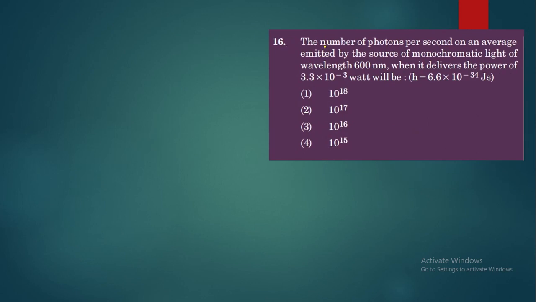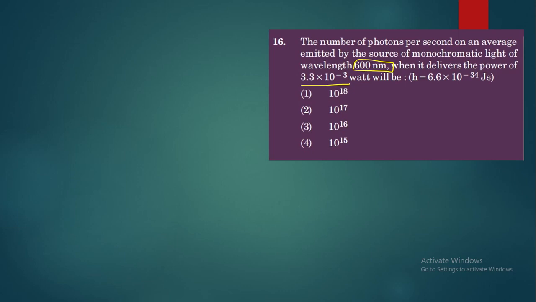Next, question number 16. The number of photons per second on an average emitted by a source of monochromatic light of wavelength 600 nanometer when it delivers a power of 3.3 into 10 power minus 3 watt will be what? Let's understand the question again. There are photons, and we know photons carry some energy.